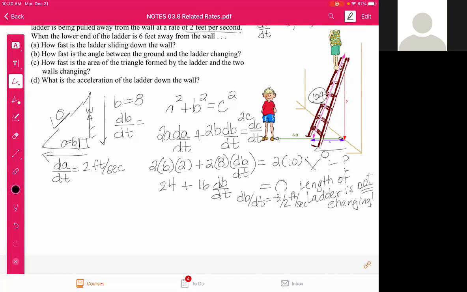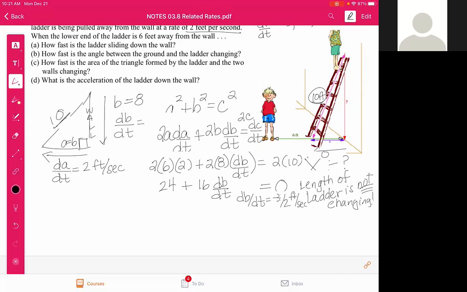So as we pull this ladder away from the wall, what's happening here? It starts maybe like this, and then that angle's going to get smaller and smaller until finally that ladder's lying on the ground and the angle's 0. And you don't even have a triangle anymore. So the angle is changing. How fast is that angle changing?